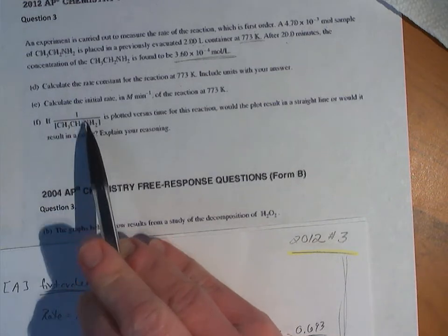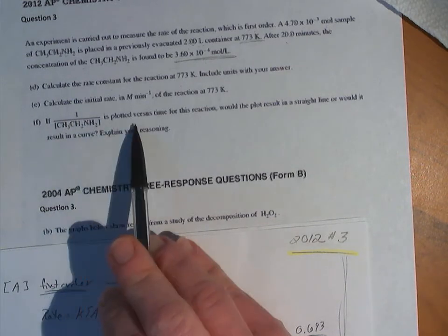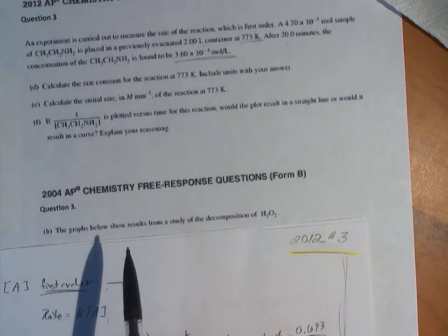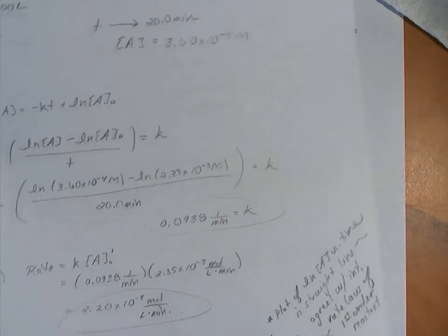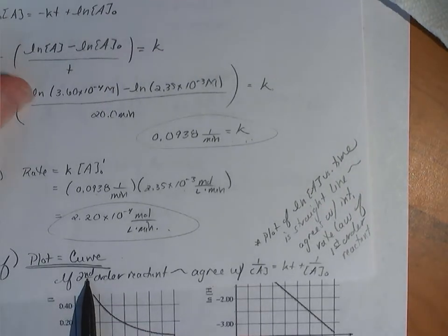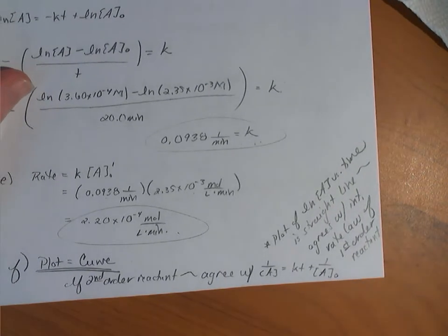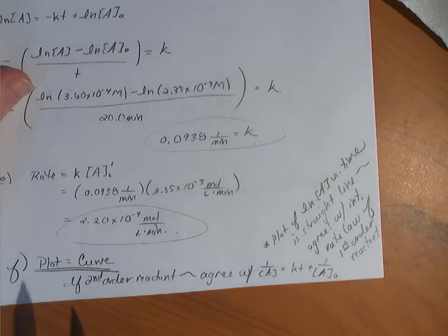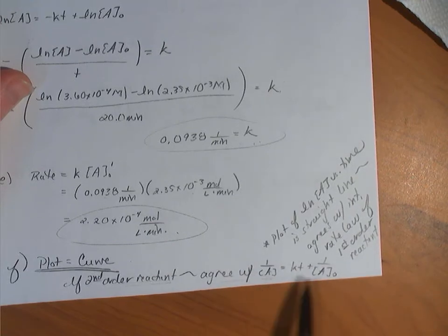Okay, and then next. If the inverse of the concentration of reactant was plotted, would the plot result in a straight line? No. We know that the plot will be a curve, because a second order reactant would give us a linear one, agreeing with that.